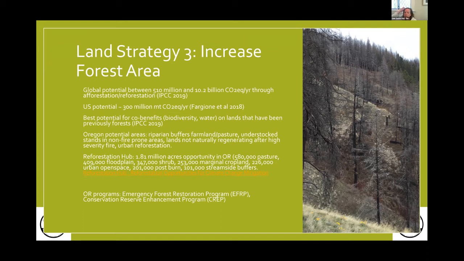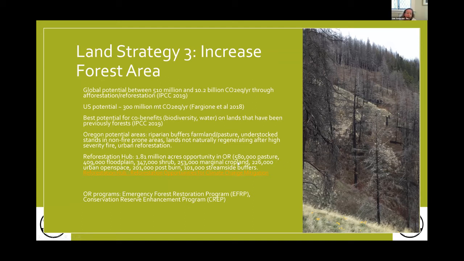The best potential for co-benefits is in lands that have been previously forested. So Oregon's potential areas are riparian buffers, farmlands and pasture, understocked stands in fire-prone areas, lands that are not naturally regenerating after a high severity fire, cue the picture to the right here, and urban reforestation.